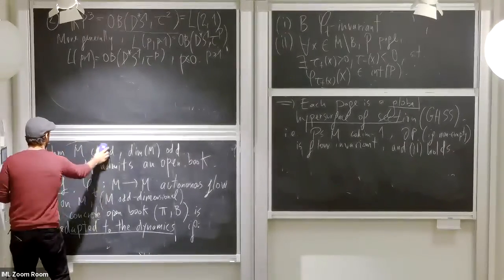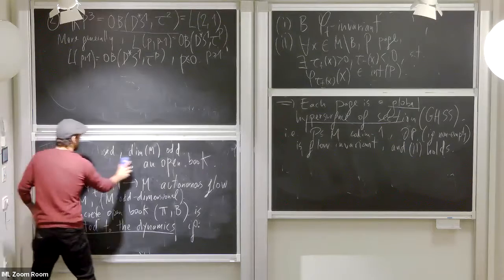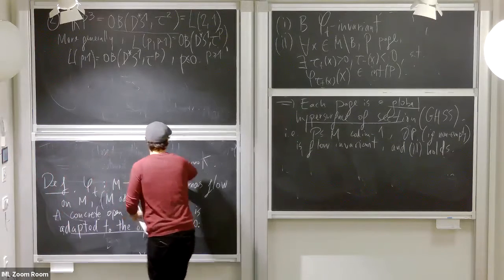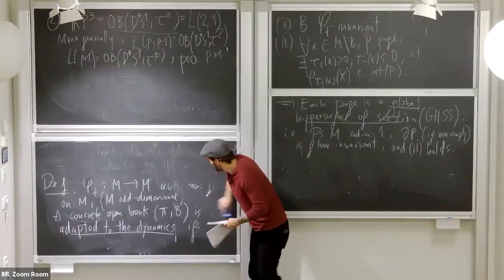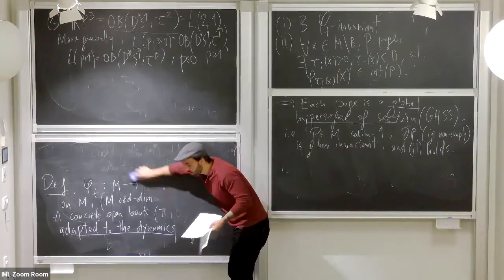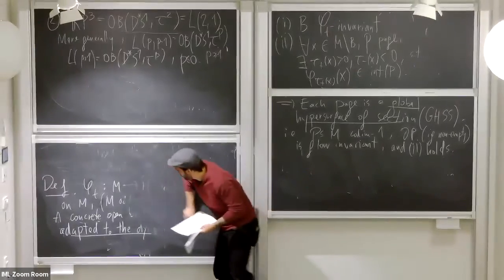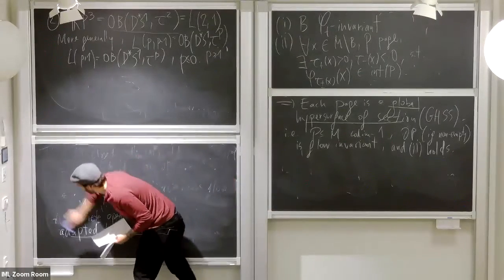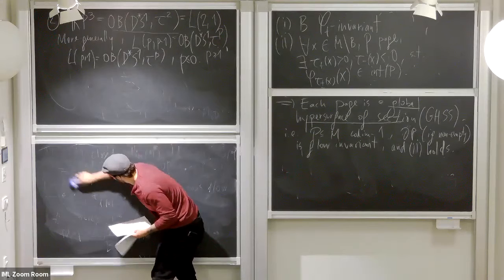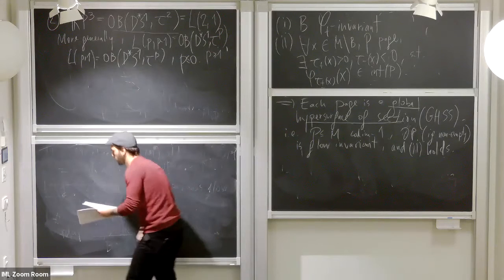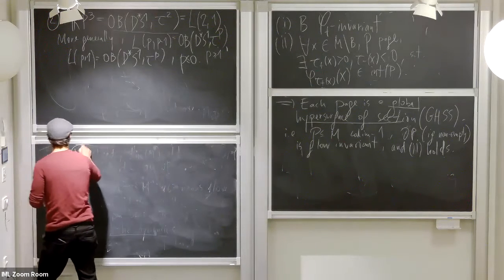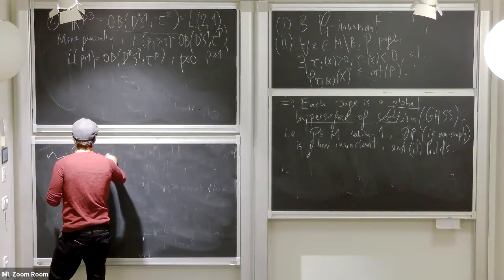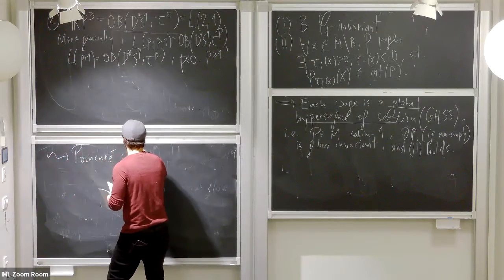So whenever I have a dynamical system in a high-dimensional manifold, and I have an open book adapted to the dynamics, I have a Poincaré return map.